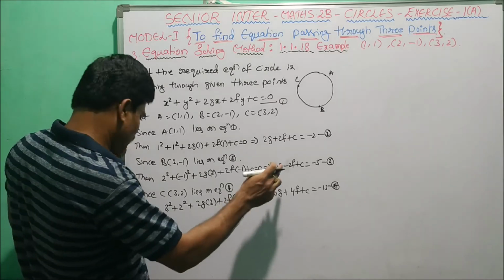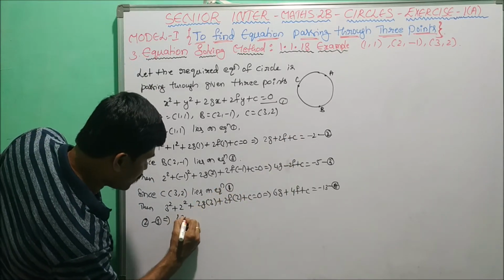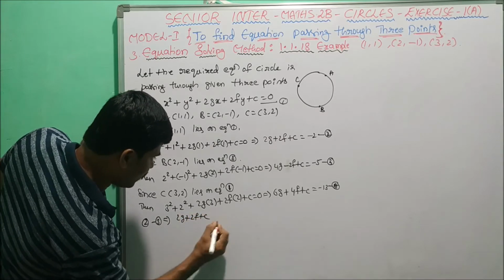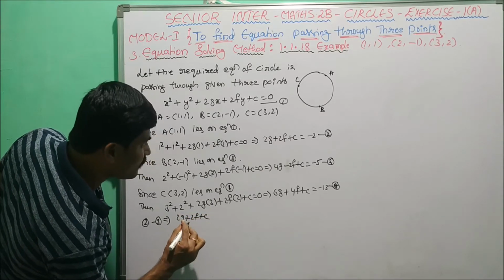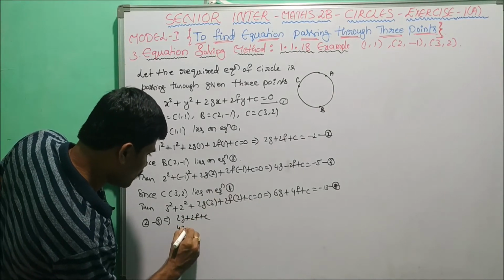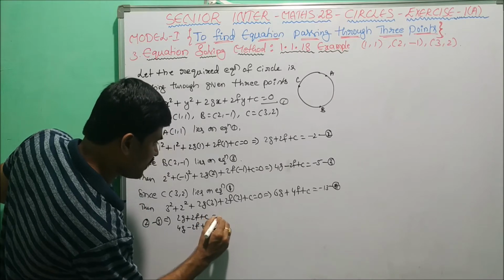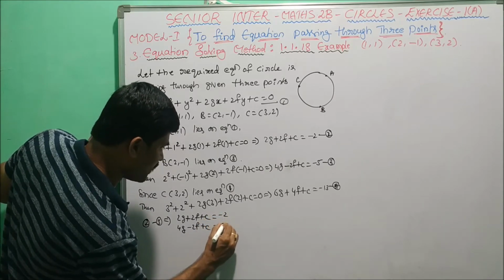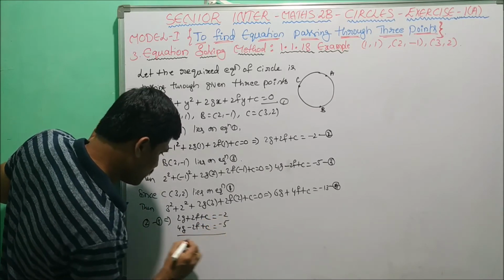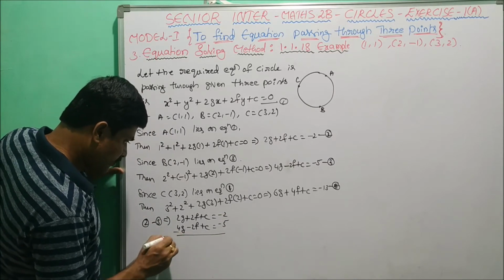Now here subtract equation 3 from equation 2. That is 2g plus 2f plus c minus 4g minus 2f plus c, which is equal to minus 2, minus minus 5. Here change the signs of the second equation.